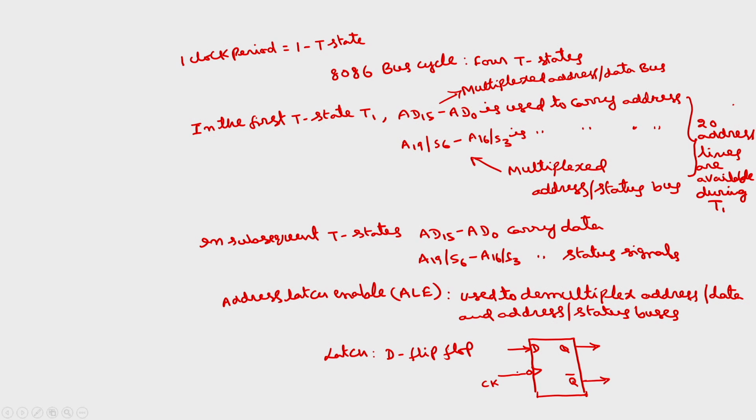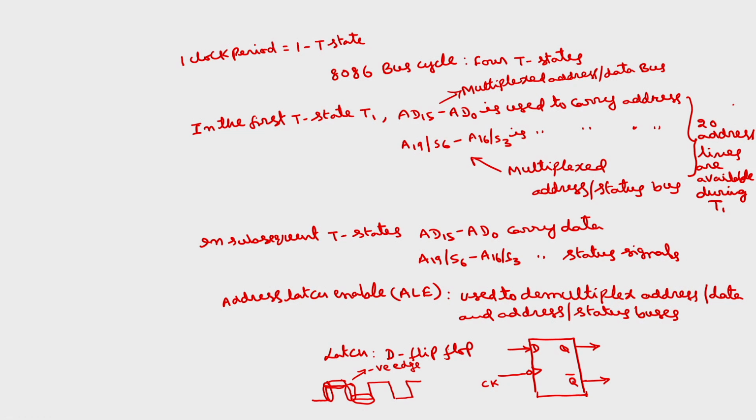If it is a negative edge triggered flip flop, then as I discussed in the last class also, there are a total of 4 portions of the clock. This is the ideal clock: there is a positive edge, positive level, negative edge, negative level. This flip flop will be enabled during the negative edge.